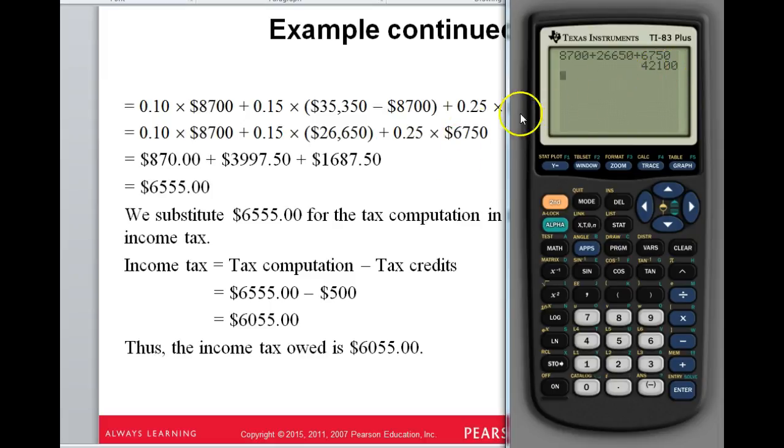It's just we're splitting apart at the three different brackets. So she falls in the 25% bracket. It doesn't all get taxed at the 25% bracket. We break it apart into the three different brackets that she falls into.